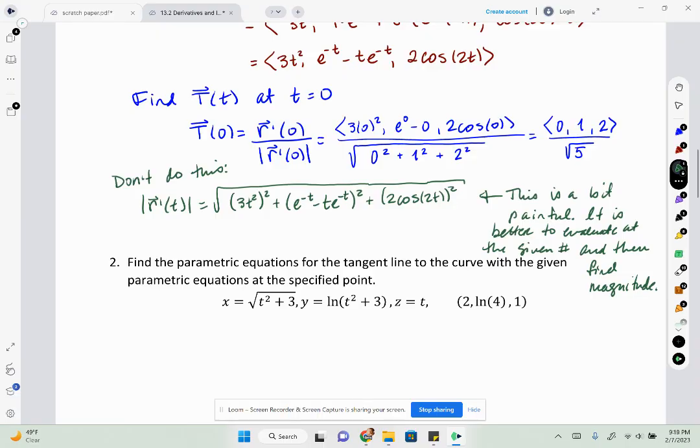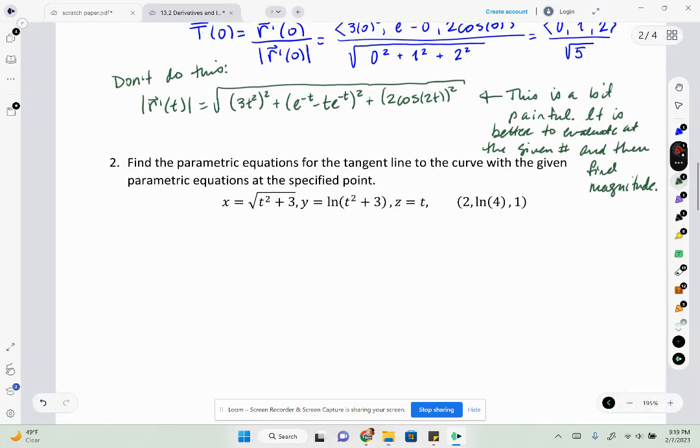Find the parametric equations for the tangent line to the curve with the given parametric equations at the specified point. Okay, we have some curve in space. We have a point on our curve in space.